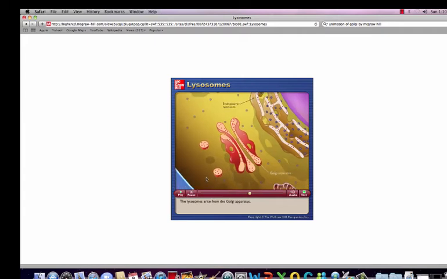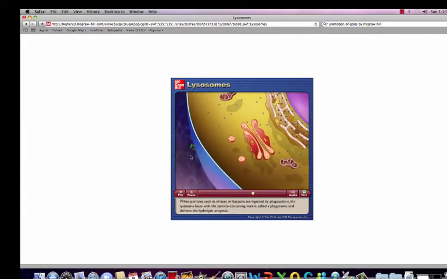See how these lysosomes then arise from the Golgi, and then you have particles like viruses or bacteria ingested by phagocytosis. Now this lysosome will fuse with the bacteria or the virus and degrade it. This lysosome can fuse with an organelle that may be defective or worn out or old, and it destroys it. Okay? And this is how our body maintains and regulates our system.